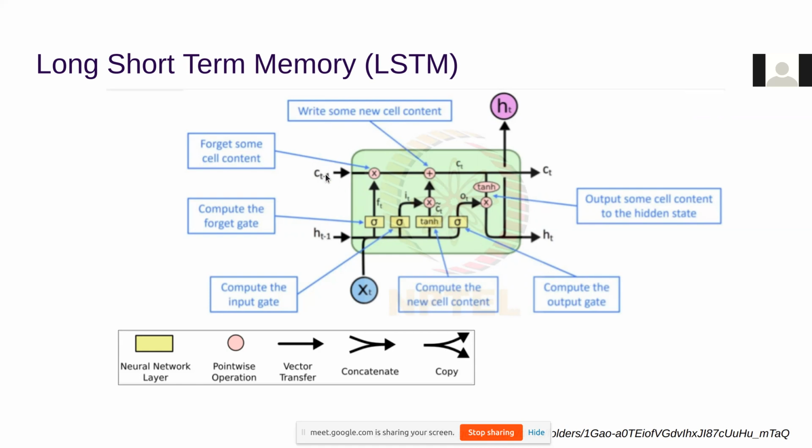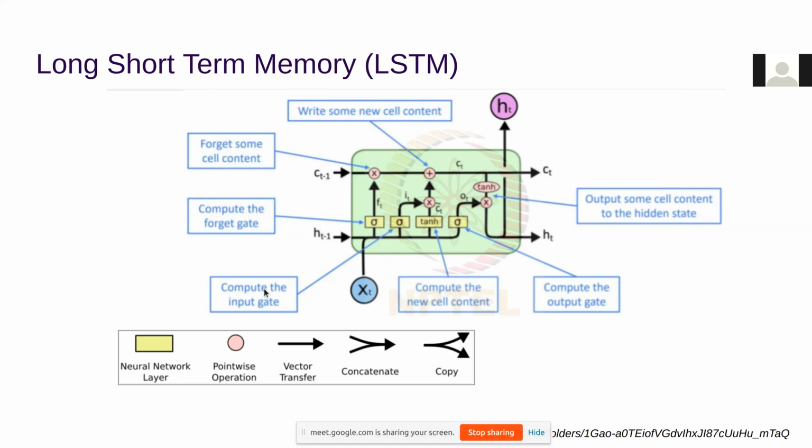And the update of the cell content depends on the output of this forget gate. The forget gate tells the network how much of the information should be retained from the past and how much of the information from the current input should be used and maintained. Okay.